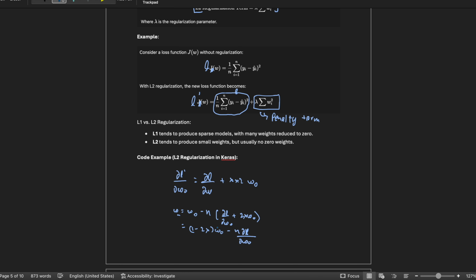But the key idea is that this is happening in weight adaptation, and you can see that this whole term, either 1 minus lambda or 1 minus 2 lambda, is called a weight decay term, which we give as a parameter. So this leads to the value going to a smaller value.